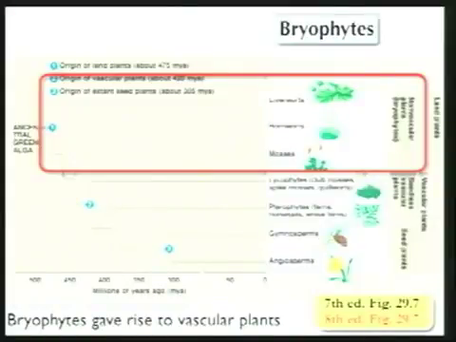given that they're paraphyletic, we'd infer that those features were found in the common ancestor of all the land plants, including the vascular plants. Okay? So understanding the bryophytes really allows us to understand the ancestor of all the land plants, the most recent common ancestor. So that's a really important finding, and this was discovered back in the 1980s based on morphology.